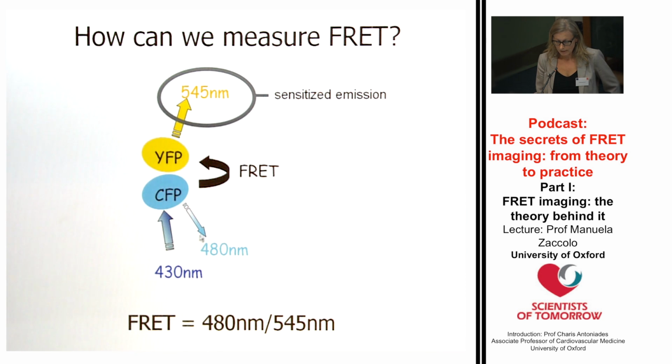Then we can collect the emission from the donor and from the acceptor, and we can ratio these values. We heard this morning about the advantages of ratio-based imaging. The value of this ratio will depend on the efficiency of FRET, which in turn will depend on the molecular distance between donor and acceptor.